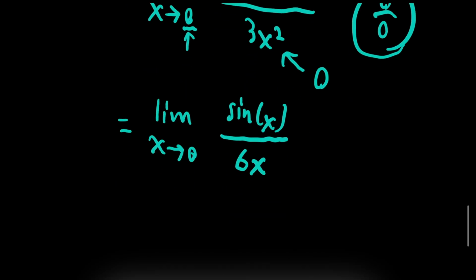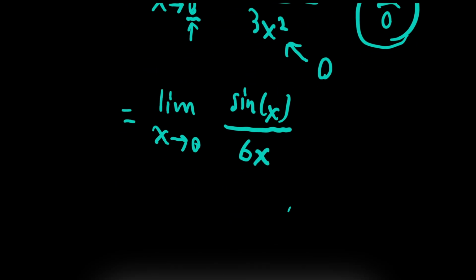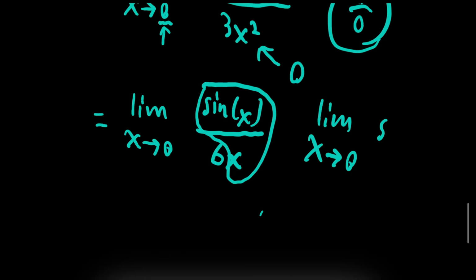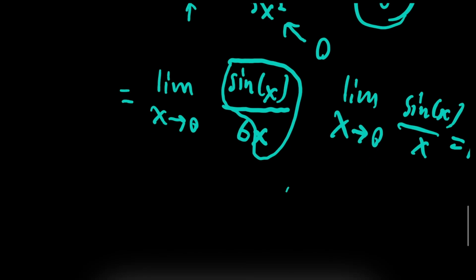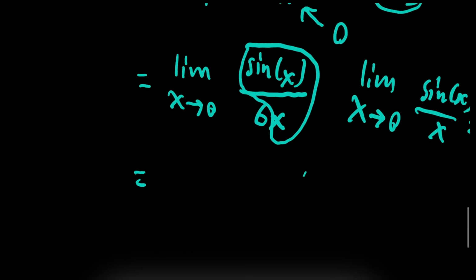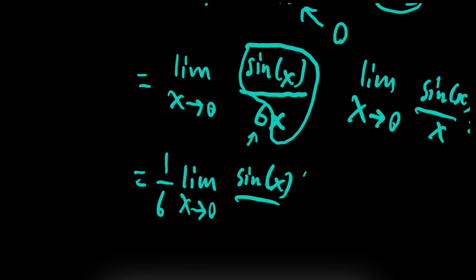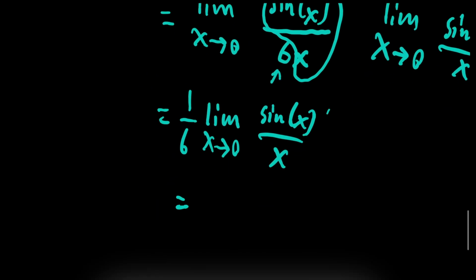And now from this, you can determine a standard limit here, sine of x over x, which you probably already know to be 1. So we can factor out this 1 over 6 in the bottom. So 1 over 6, limit as x approaches 0 of sine of x over x, which is equal to 1 over 6. And there you go.